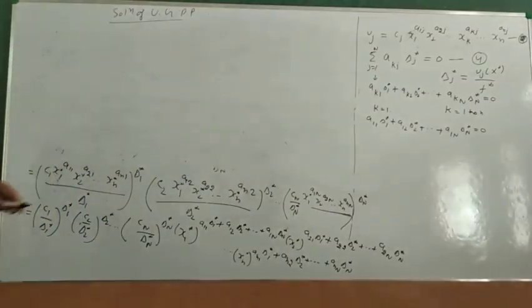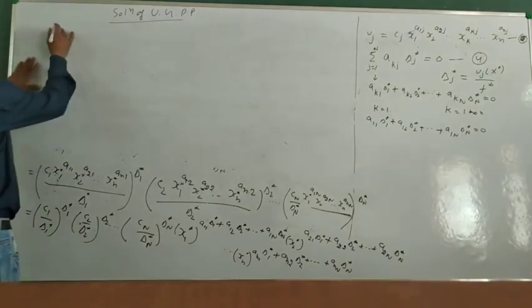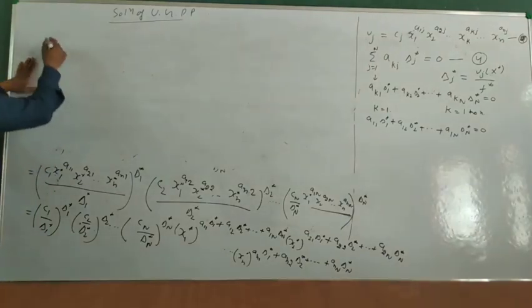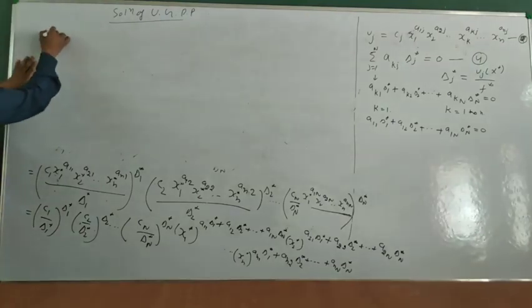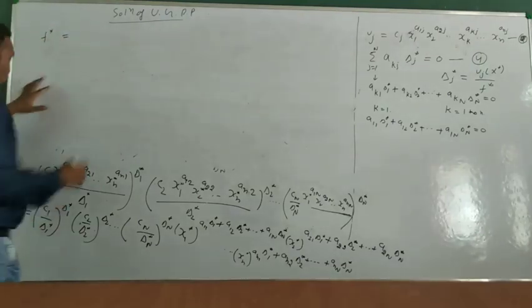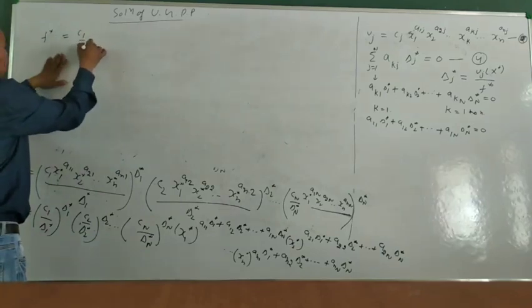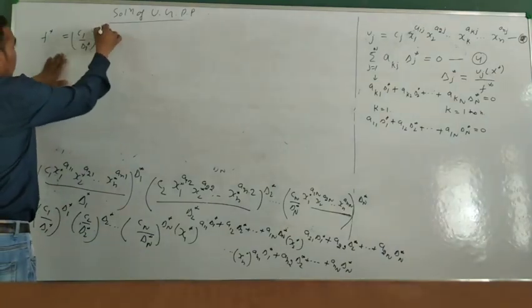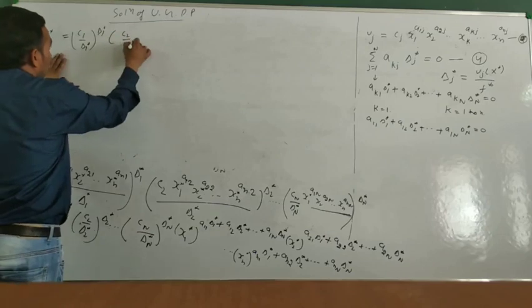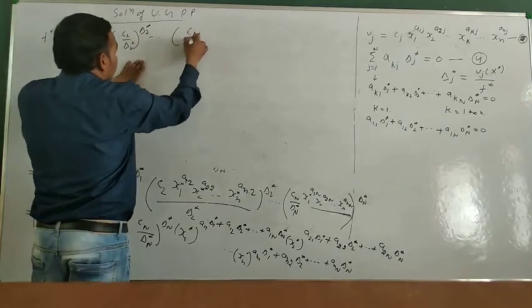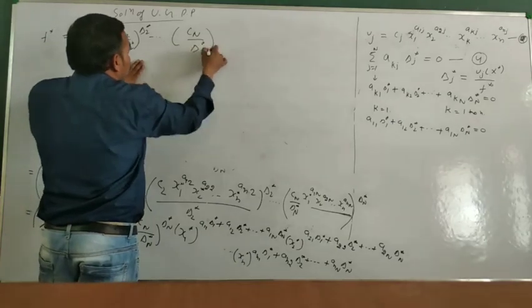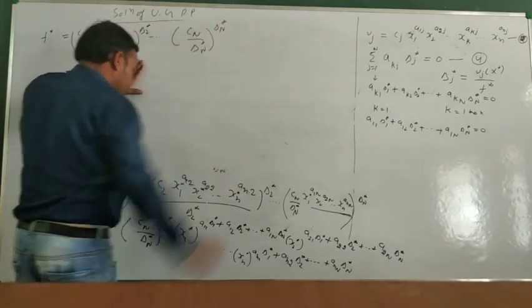So finally we get f star equal to c1 upon del 1 star to the power del 1 star, c2 upon del 2 star to the power del 2 star, and so on, cn upon del n star to the power del n star.